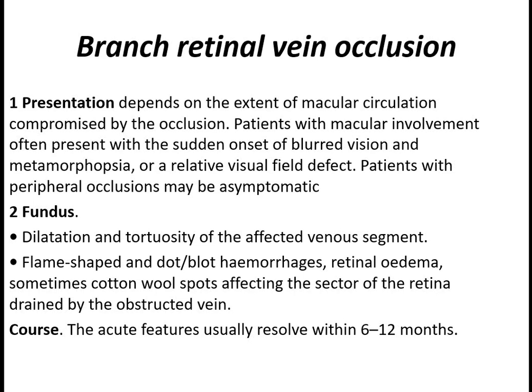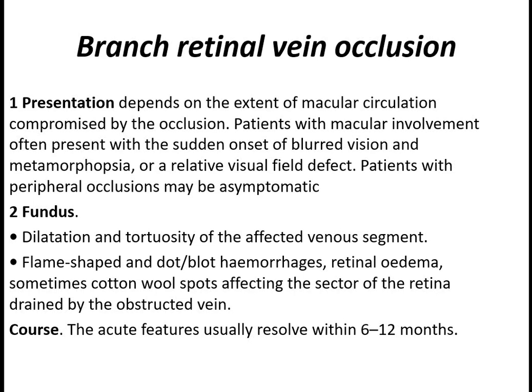Or the patient may present with relative visual field defects. The patient may present with central scotoma or peripheral, depending on the site that is supplied by the vein. A patient with peripheral occlusion may be asymptomatic. The fundus: I examine the fundus and I will show the signs only in the branch, not all the fundus.